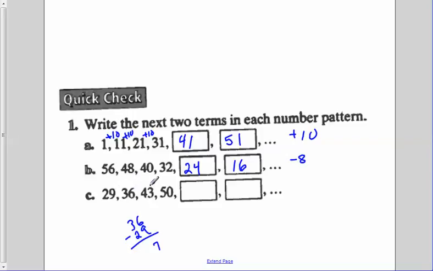Add 7, I get 43. That's true. Add 7, I get 50. So it must be that I have to add 7. So 50 plus 7 is 57, and then 57 plus 7, I get 64. Alright, let's go on and check our next set.